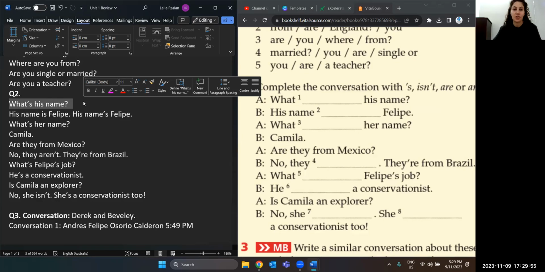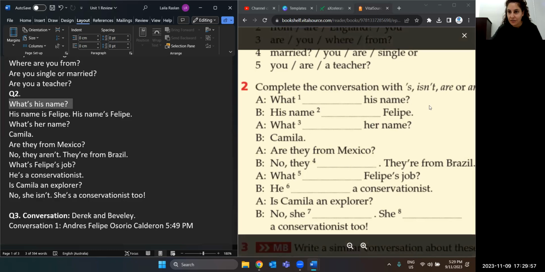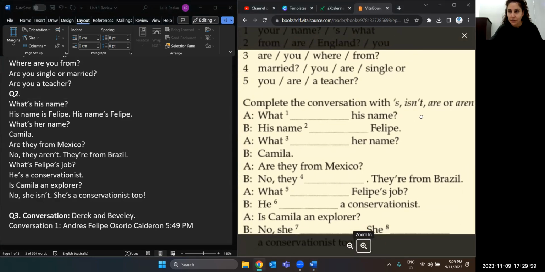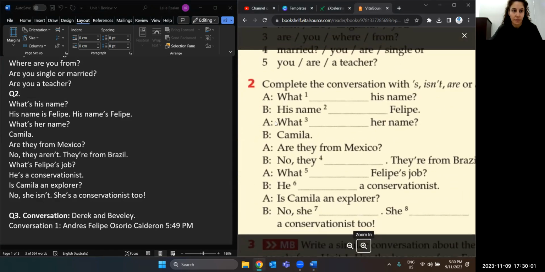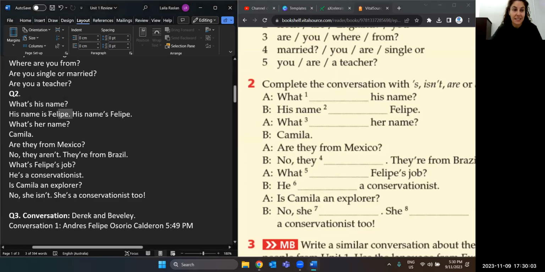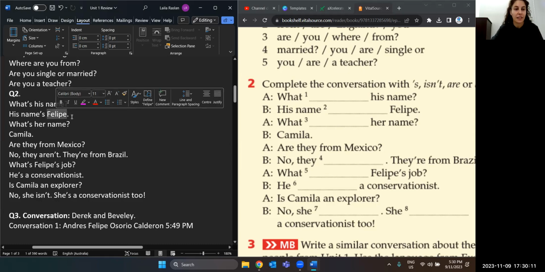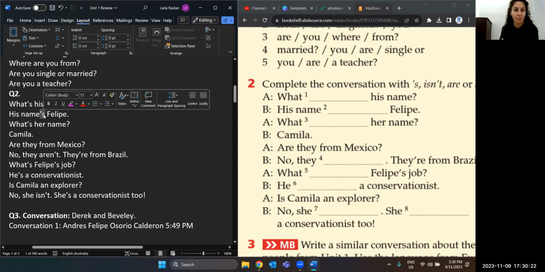And George? His, yes, his. Philippe. Yeah, Philippe. So his name's, because we're connecting name is, because remember we can connect the verb to be with the subject.